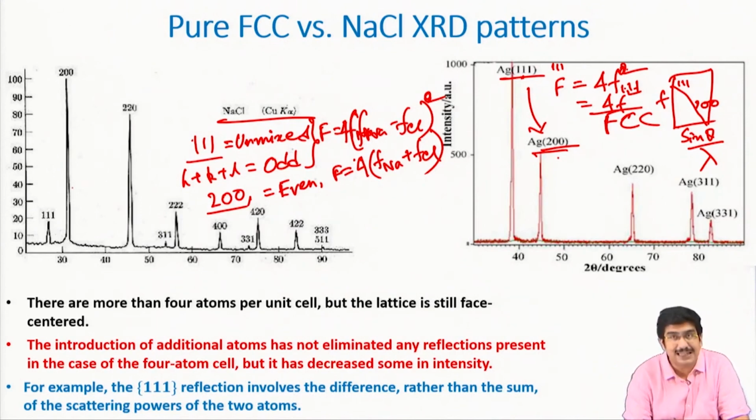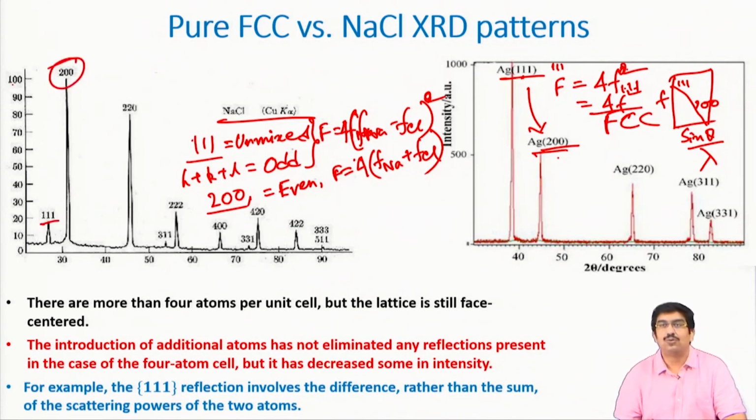But for the NaCl structure, the 111 peak will have a lower intensity compared to the 200 peak, because for 111 the intensity is FNa minus FCl, whereas for 200 it is FNa plus FCl. This kind of modification in the intensity happens because of this additional restriction.